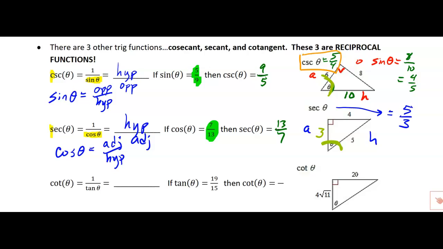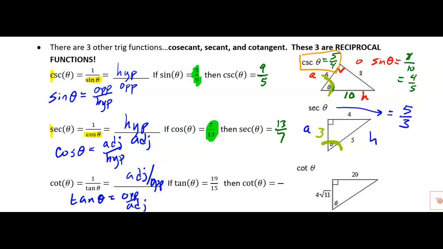Last one here. Cotangent is 1 over tangent. Adjacent over opposite.